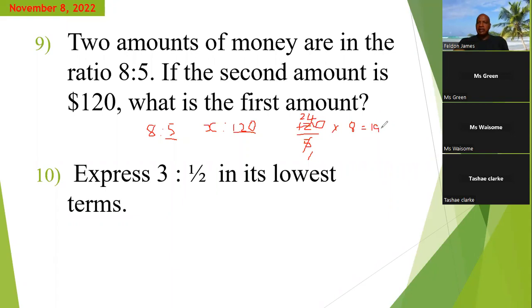So the mistake that was made was that the second ratio wasn't written in the correct order. Instead of writing it as X to 120, I think we wrote it as 120 to X. And when we write it that way, what we mistakenly did was to compare it with the 8, as being the 8 would be divided into the 120.